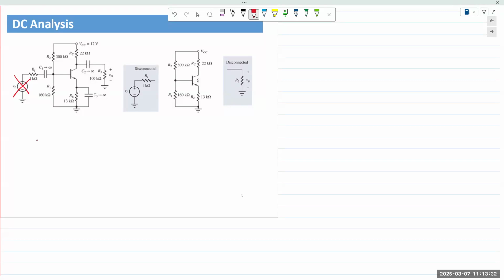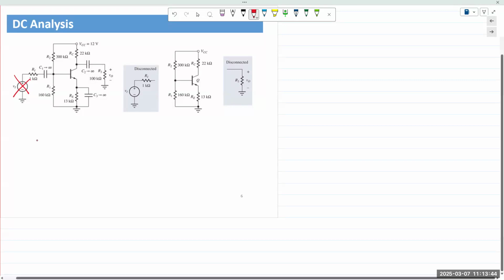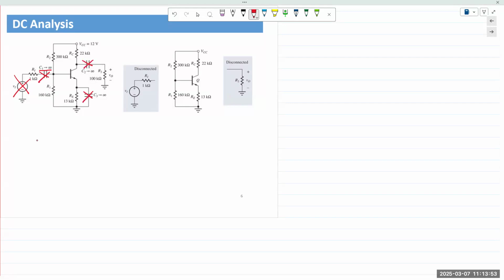So we remove the AC signal. And then capacitors in DC, once they reach steady state, behave like an open circuit. So if you're applying only VCC, only the biasing voltages, which are DC, then these capacitors have infinite impedance and they behave as open circuits. Okay. Thus, the AC signal is automatically disconnected.